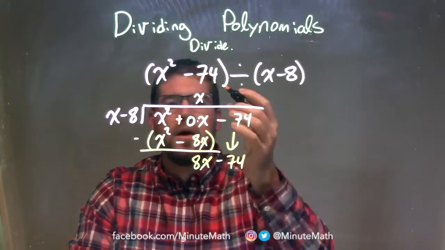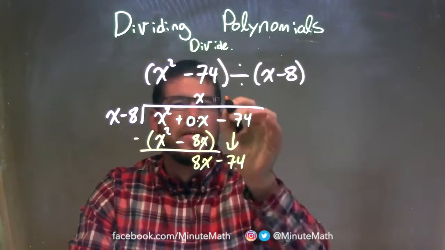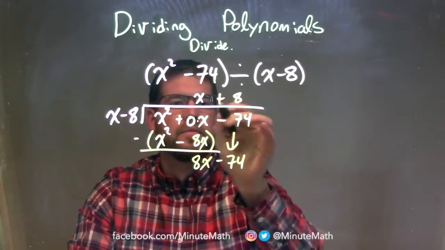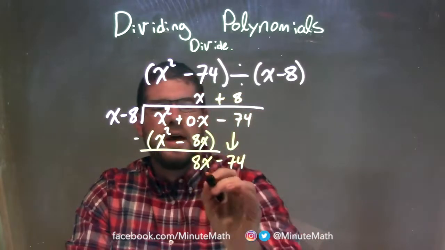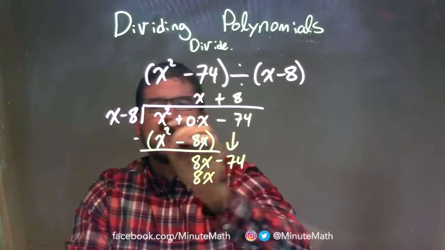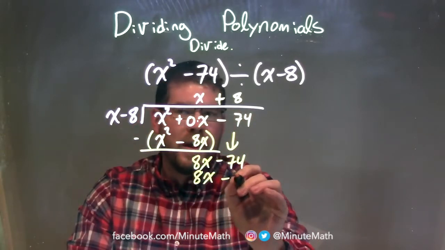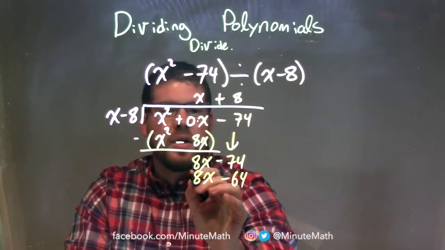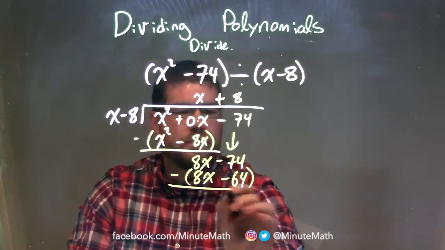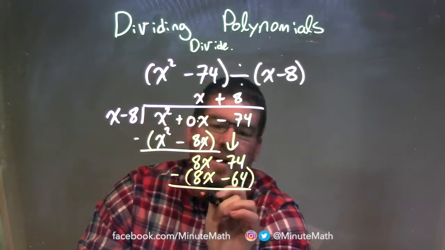And we do it again. What times x gives me 8x? And that's a positive 8. A positive 8 right there. 8 times x is 8x, and 8 times minus 8 is minus 64. We subtract the two. 8x minus 8x is 0, great.